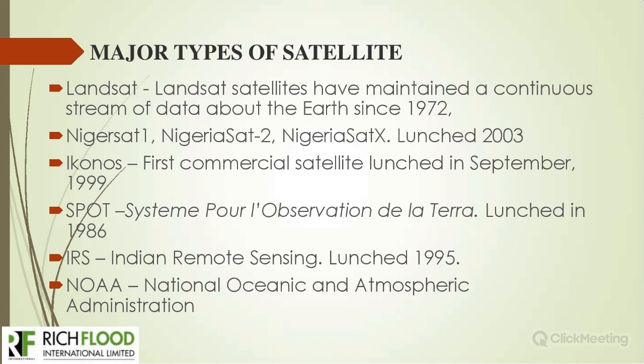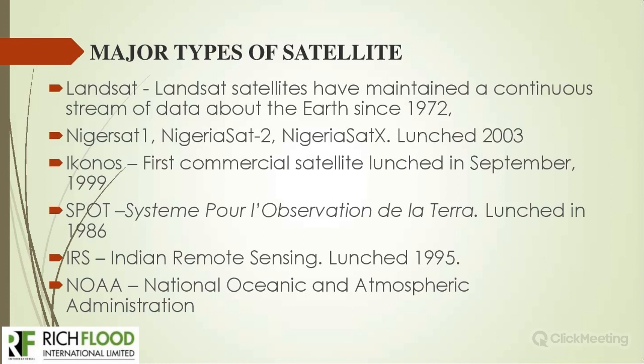So depending on what you are trying to study about phenomena on the Earth surface, it will determine the type of satellite system that you can use. Different satellite systems have different resolutions, just like your digital device, for instance, your phone.